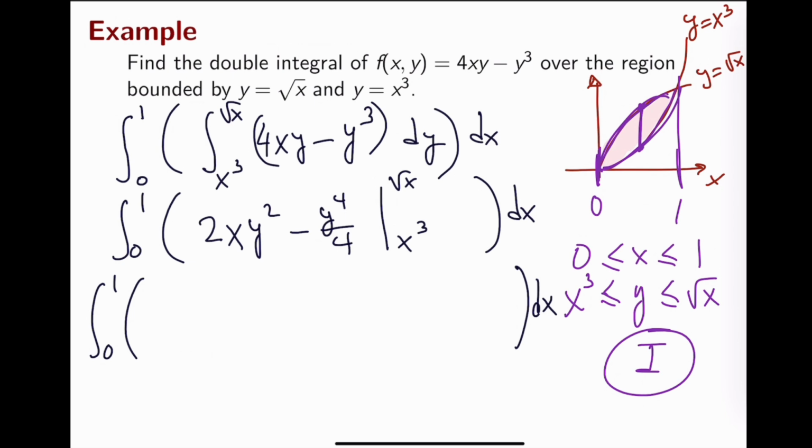So then we're going to have here 2x times x minus, and now square root of x to the fourth power is x squared divided by 4. That is the evaluation at square root of x.